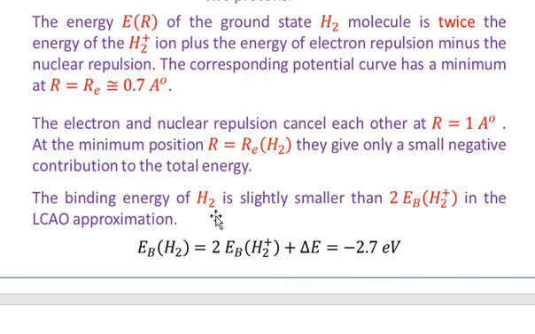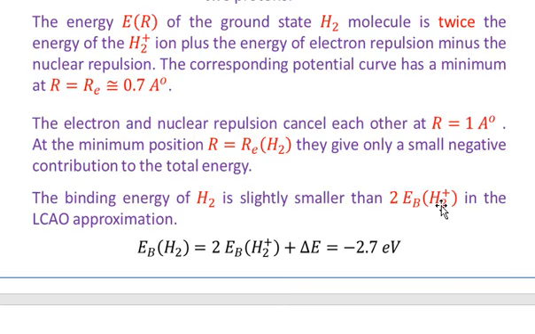The binding energy of the hydrogen molecule is slightly smaller than 2 times the binding energy of the hydrogen singly ionized molecule. So this binding energy of the hydrogen molecule is slightly smaller. It means that the hydrogen molecule is more stable in comparison with the hydrogen singly ionized molecule in the LCAO approximation.